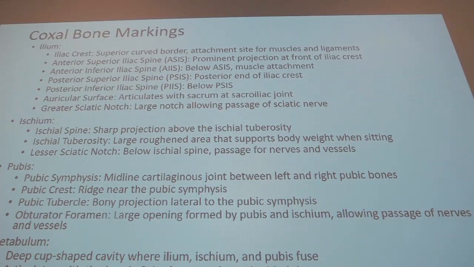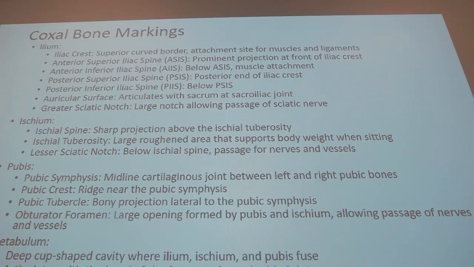And then the pubic crest is in the superior part of the pubic symphysis, to the sides. It's a ridge. And on the tip of this crest, almost to the side of the pubic symphysis, you have a little pointed projection called the pubic tubercle.